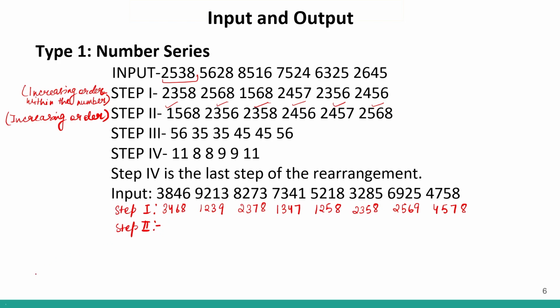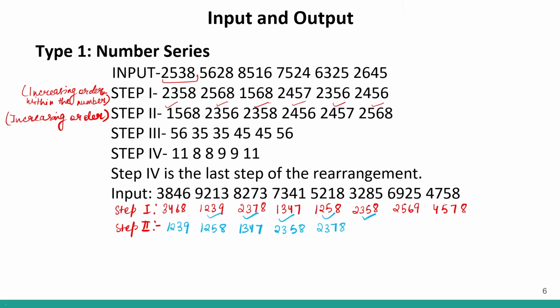The first number, I'm using a different pen to highlight, will be 1239, correct? Then the second number will be 1258. Third number would be 1347, correct? After that, we will move to 2000. We have 2378 and 2358, so this will come first: 2358 and then 2378.